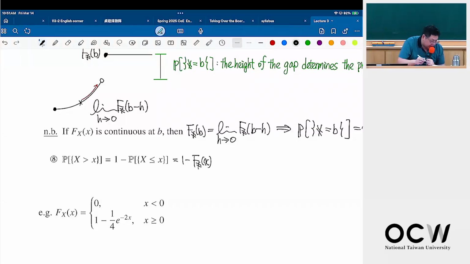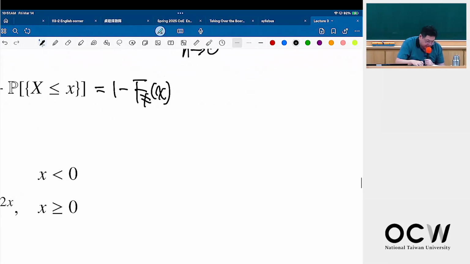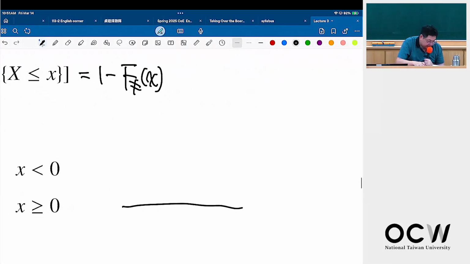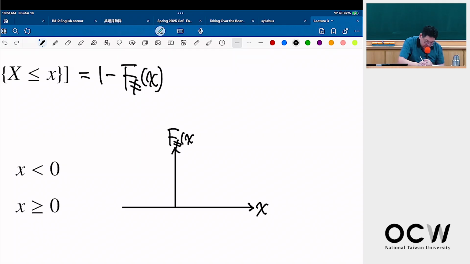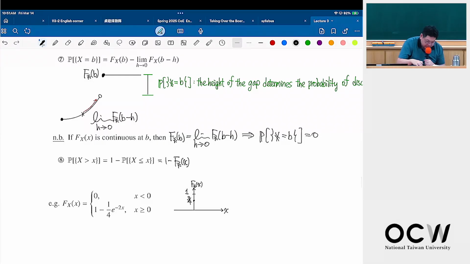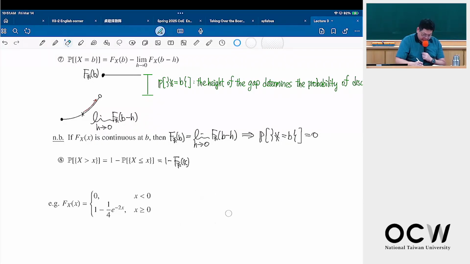So first, let's plot this CDF. Here's 1. And here is 3/4. So it's so small, we can plot that a little bit bigger.